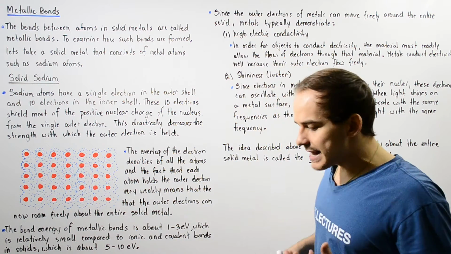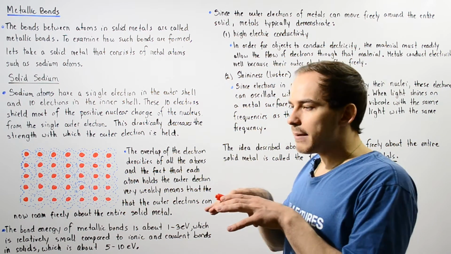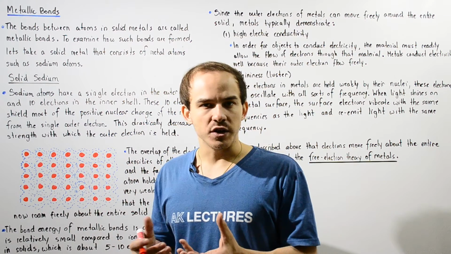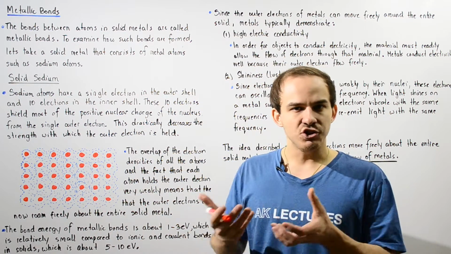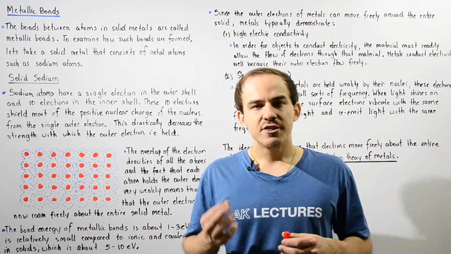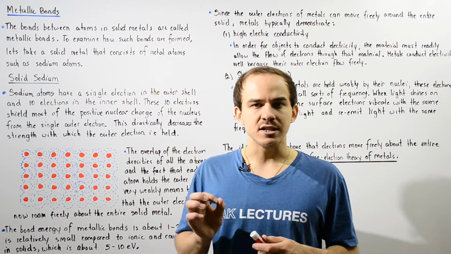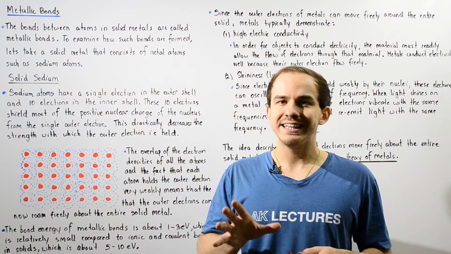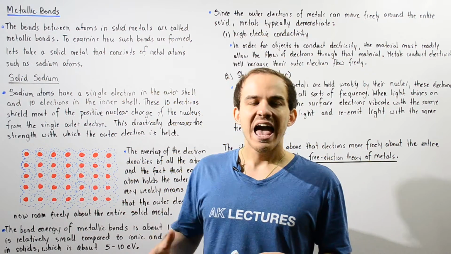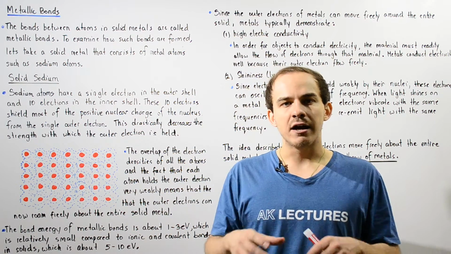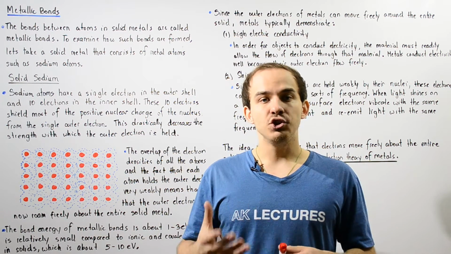So let's begin our discussion by examining our individual sodium atoms. If we take a neutral sodium atom, that sodium atom consists of 11 protons found in the nucleus of that atom and 11 electrons found outside that nucleus.